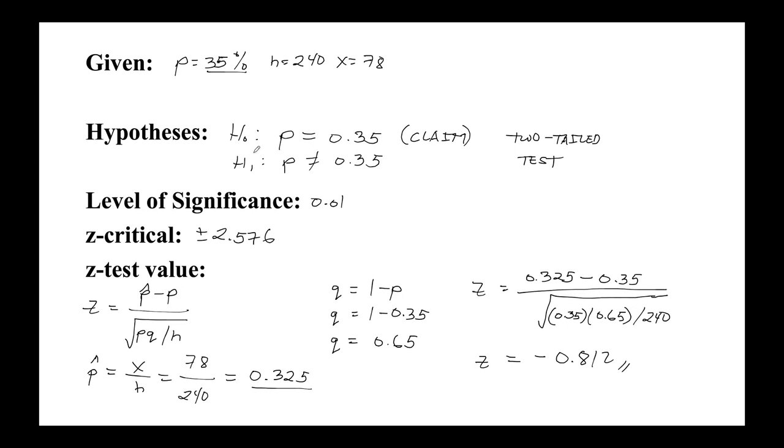So, since we fail to reject our null hypothesis, let's go back sa ating hypothesis here. We can conclude that there is not enough evidence to reject the claim that 35% of the Filipinos own their home. So, we fail to reject this, so meaning this is correct. Okay? And this is wrong.